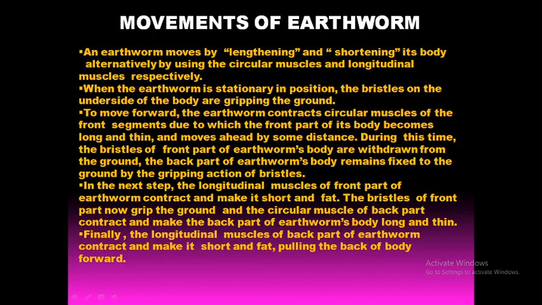Now, to move forward, the earthworm contracts the circular muscles of the front segment, due to which the front part of the body becomes long and thin.